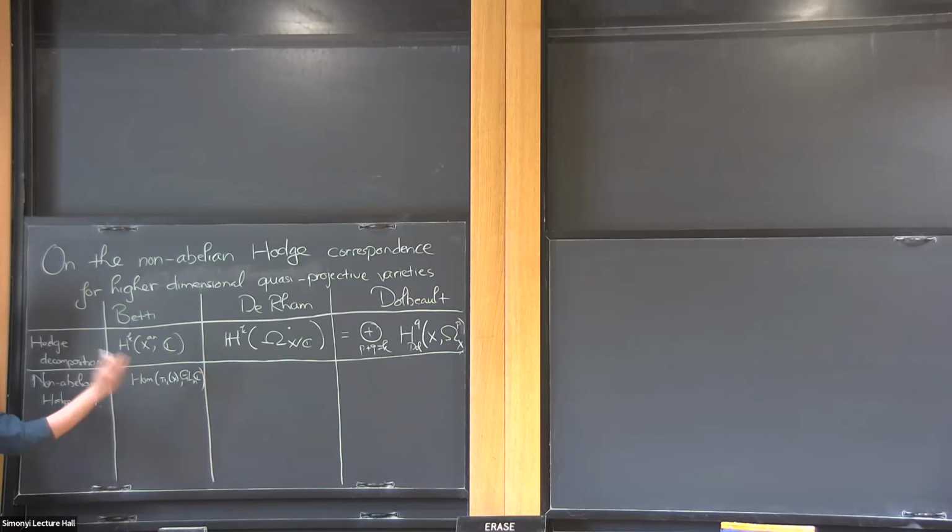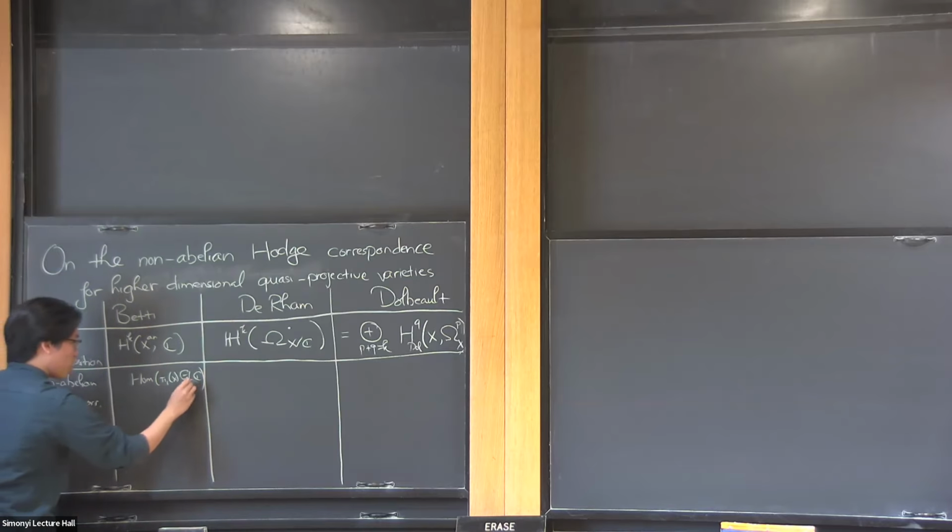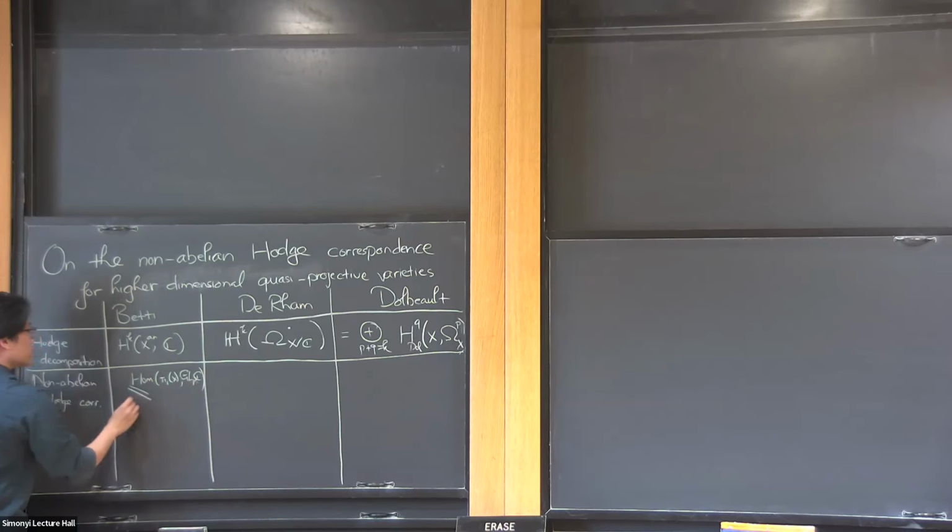But I guess we don't want to look at all the representations like this. We want to quotient out by the conjugation action of GL_n. This is defined to be my Betti moduli space, and the points of this Betti moduli space parameterize semisimple representations of pi_1.